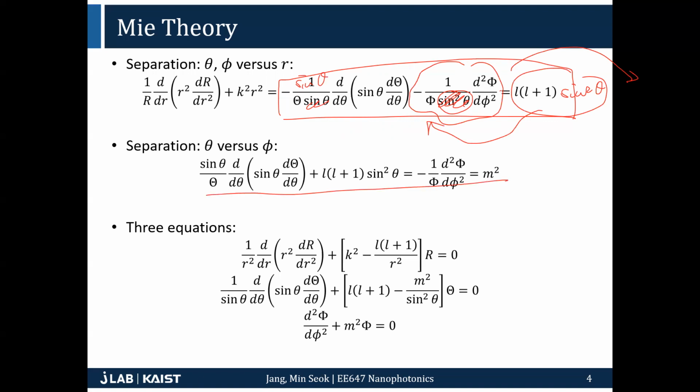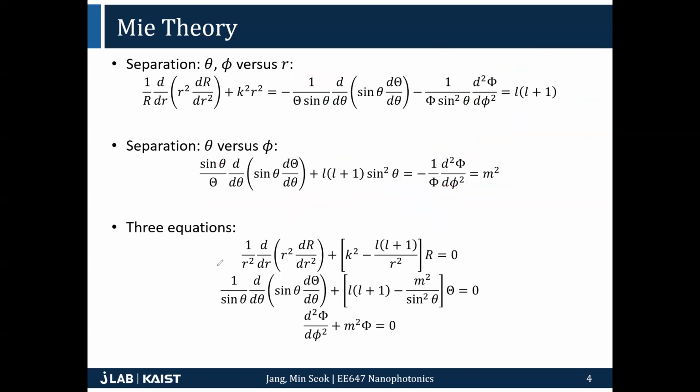Then you have this equation, right? Here you have only theta dependence. Here you only have phi dependence. So again, theta and phi are separated. And then we set this as m squared. Okay, here L and M can be arbitrary numbers at the moment.